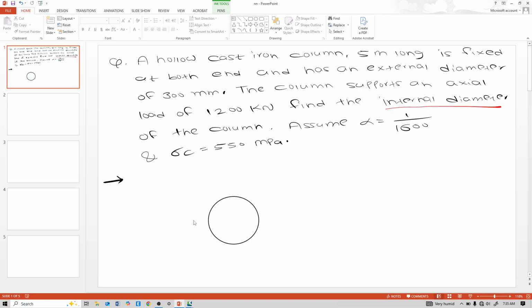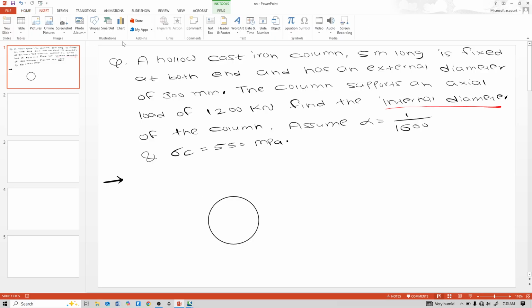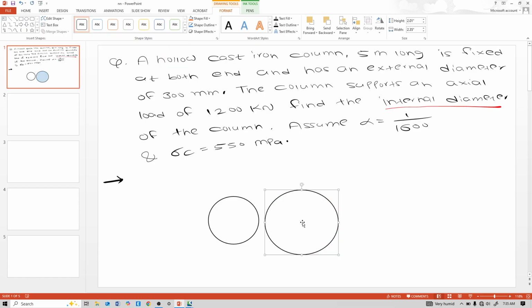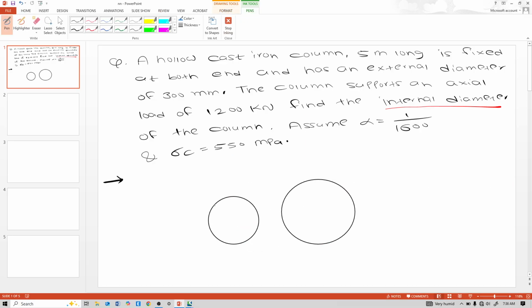So this is a circle and the other is a smaller circle.